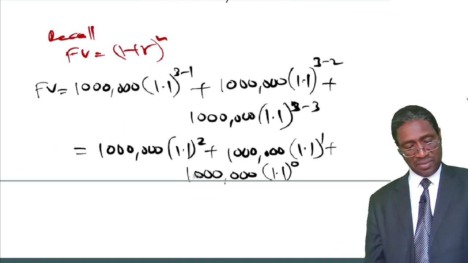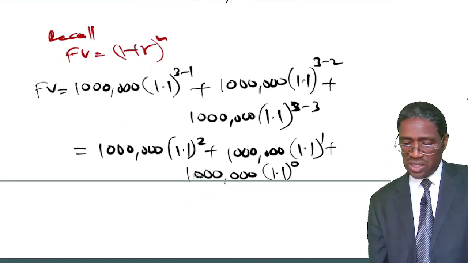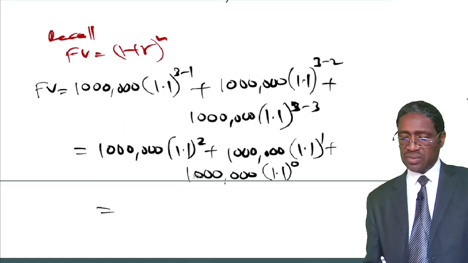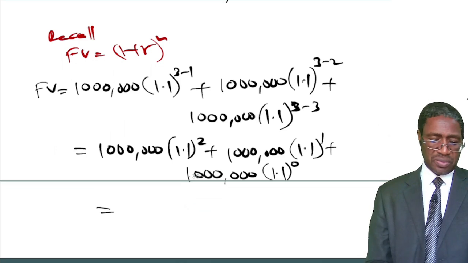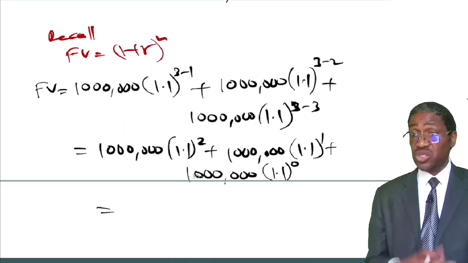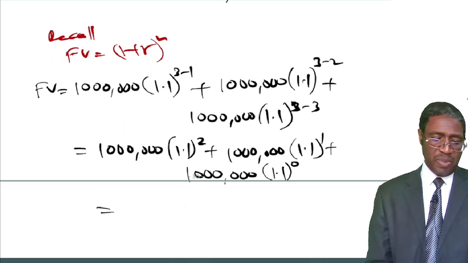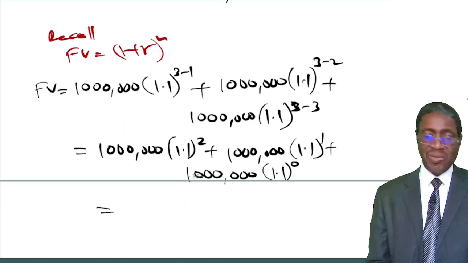Okay? So if I may calculate, what is 1.1 squared? Just want to demonstrate. 1.1 to the power of 2, I multiply that by a million in the first one.